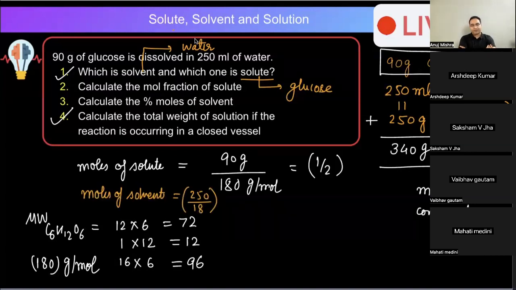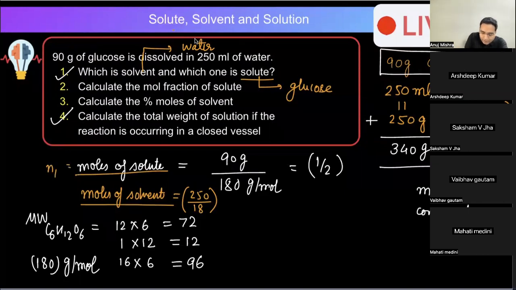So we know moles of solute and moles of solvent. Let me call them N1 and N2. What is my answer number 2? It will be N1 divided by N1 plus N2, that is, half divided by half plus 250 by 18.